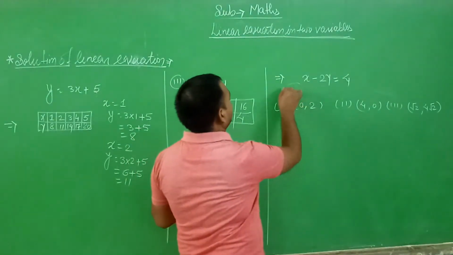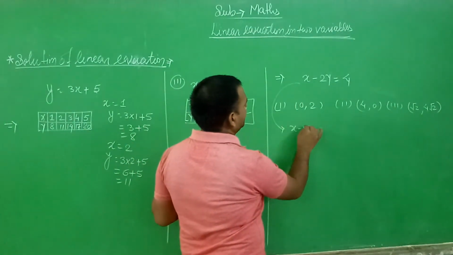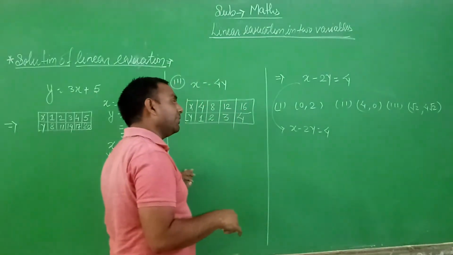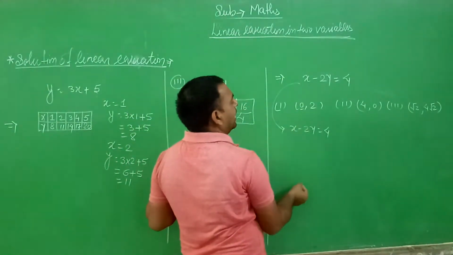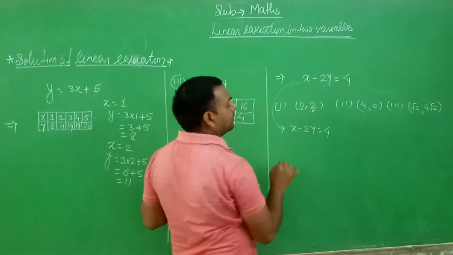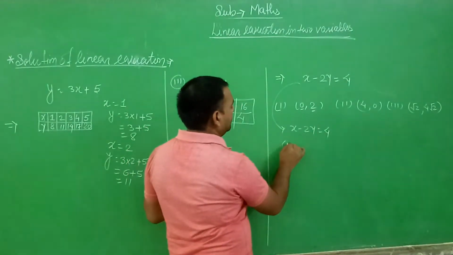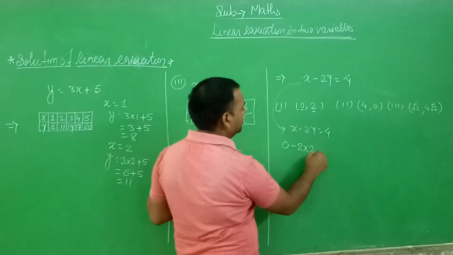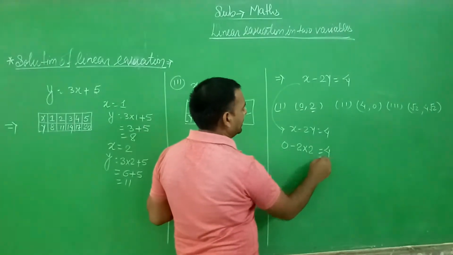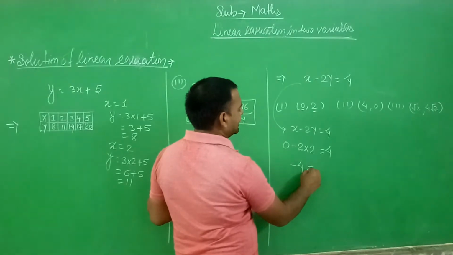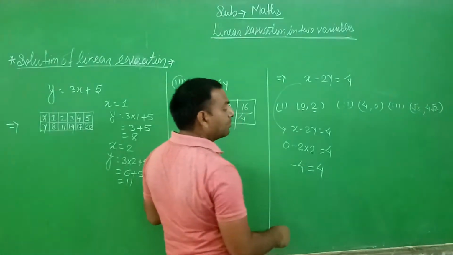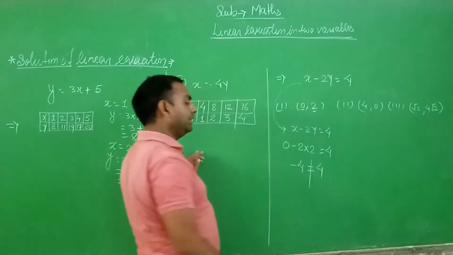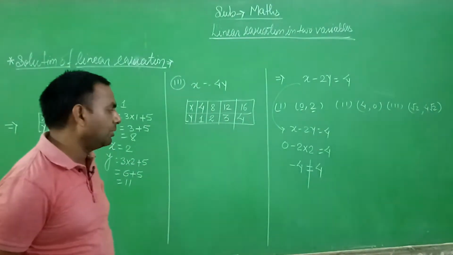I put these in the equation x minus 2y is equal to 4. Here the value of x is 0 and the value of y is 2. So 0 minus 2 into 2 is equal to 4? Minus 4 is equal to 4. Minus 4 cannot be equal to 4.